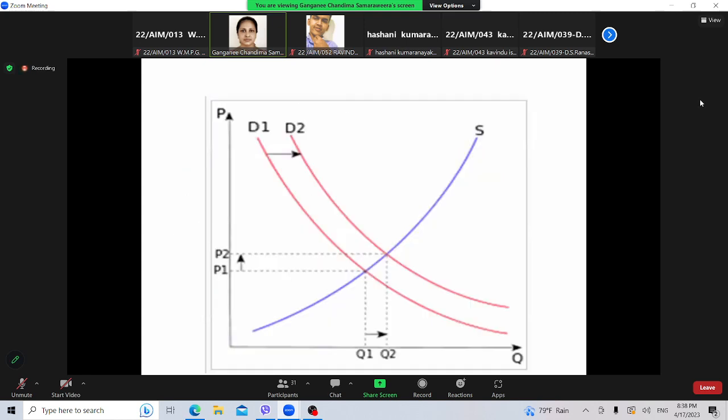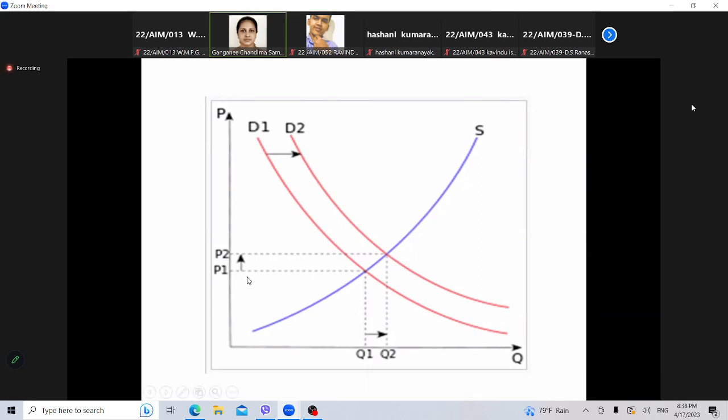So here also you can see the same. In these different goods, demand is increasing from here to here, price is increasing from P1 to P2, supply is unchanged. Here you can see when price increases, demand also increases.